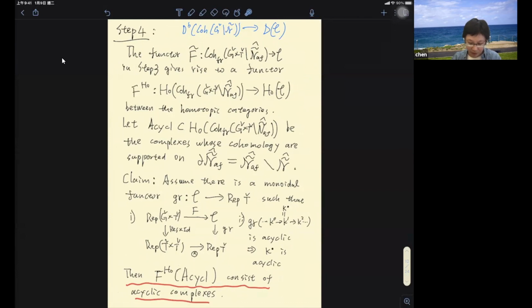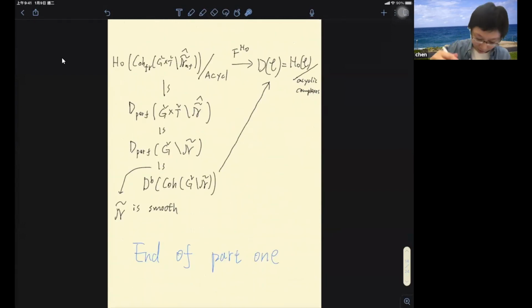So assume we can construct this functor on the target category. Now here's the last step. Our functor between homotopy categories will factor through these quotients, because it sends those complexes whose cohomology is supported on the boundary to cyclic complexes. So it induces a functor between the quotients.